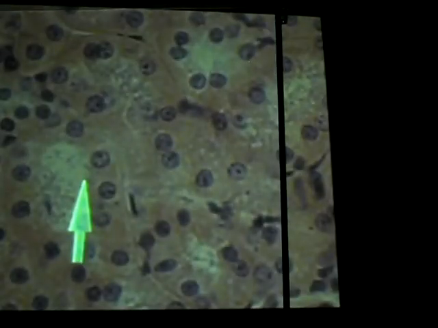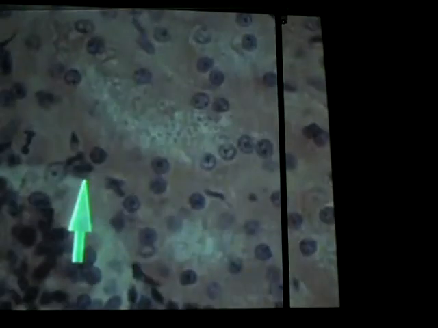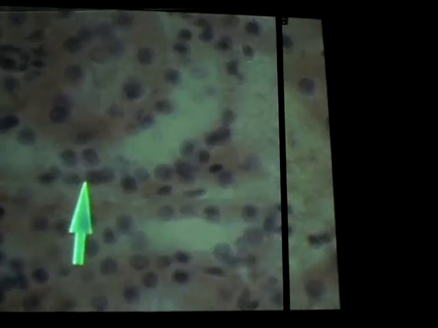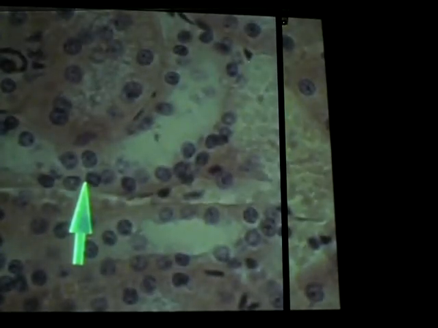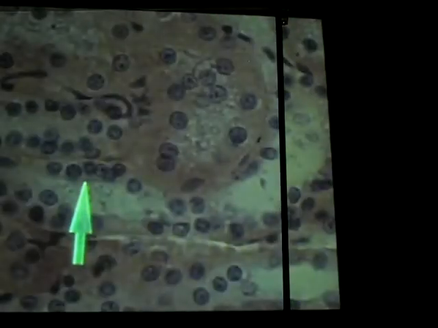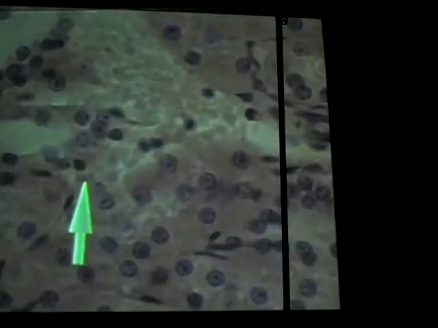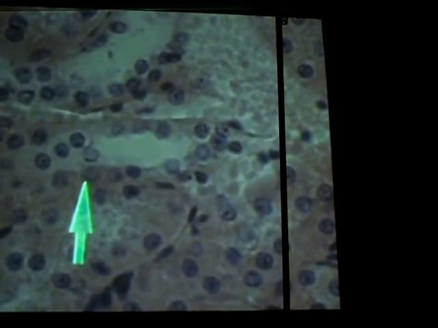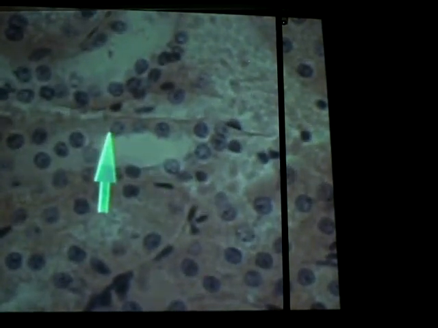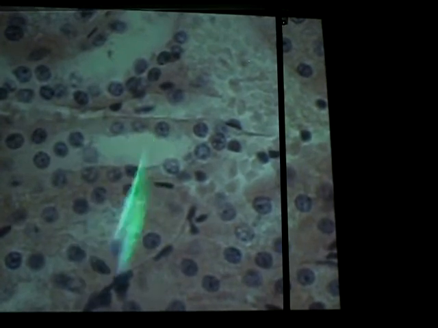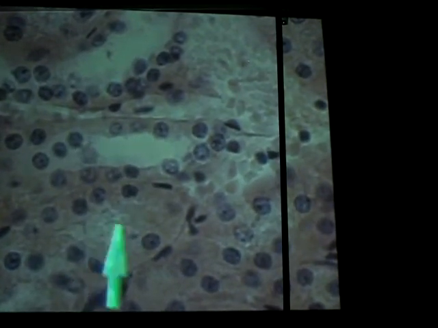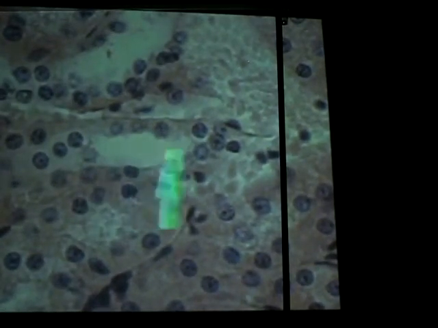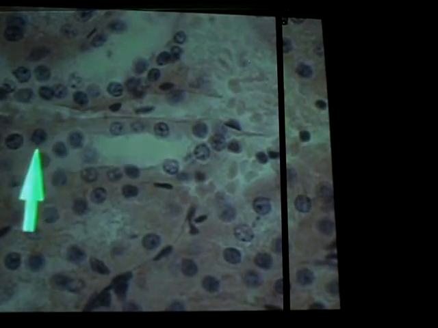In your distal tubule, let's look around and see if we can find one. In the distal tubule, the lumen is much clearer than you'll see in your proximal. So notice the difference. You have the debris in the proximal, while in the distal it's much clearer, and the cells are smaller.